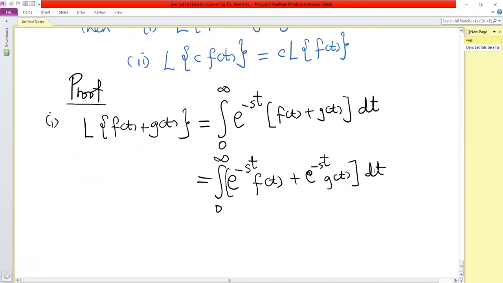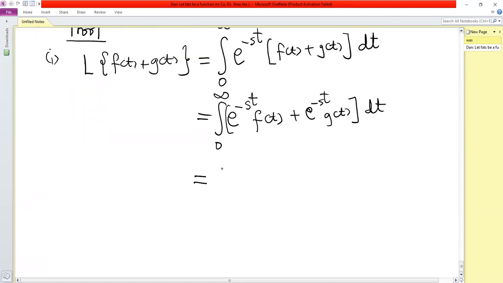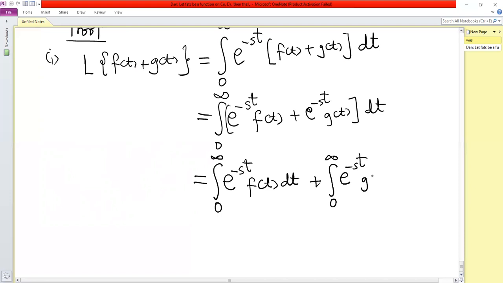Now when you apply the integral sign on each of the terms, we have the integral from 0 to infinity of e raised to the power minus st f of t dt plus the integral from 0 to infinity of e raised to the power minus st g of t dt. And you see this is the definition of the Laplace transform of f of t, and this is the definition of the Laplace transform of g of t.